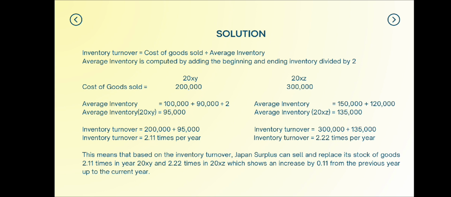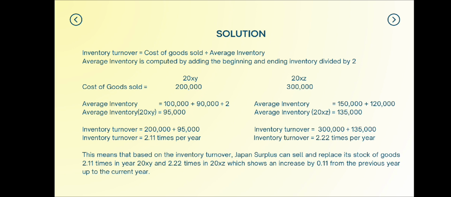Average inventory for 20xy is equal to 100,000 plus 90,000 divided by 2, which is equal to 95,000, while average inventory for 20xz is equal to 150,000 plus 120,000 divided by 2, which is equal to 135,000.